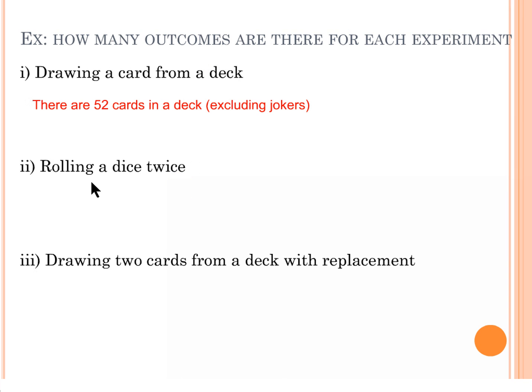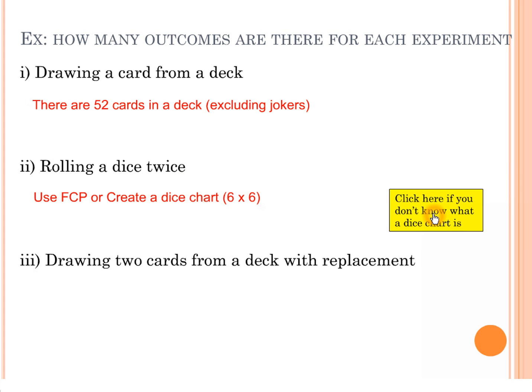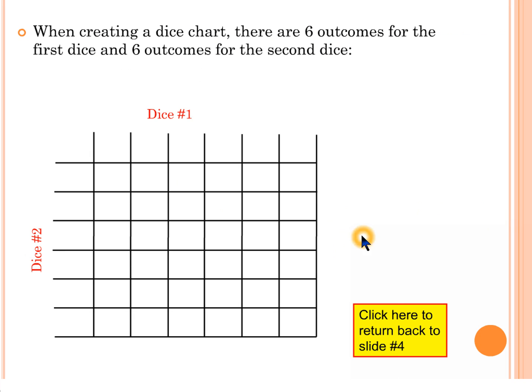Now, what are the outcomes when you are rolling a dice twice? If you're not sure what that would look like, you need to create a chart. And I'll just show you a simple chart over here. So if you're rolling one dice, you have 6 outcomes, 1, 2, 3, 4, 5, and 6. And if you roll a second dice, you will also have 6 different outcomes. Now, if you roll the 2 dice at the same time, you're going to have several different outcomes.